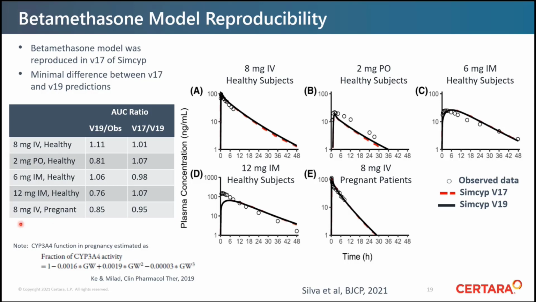I will note that in their publication, they did change the CYP3A4 function in pregnancy to fit this equation. And so we did the same in version 19 of Simcyp.